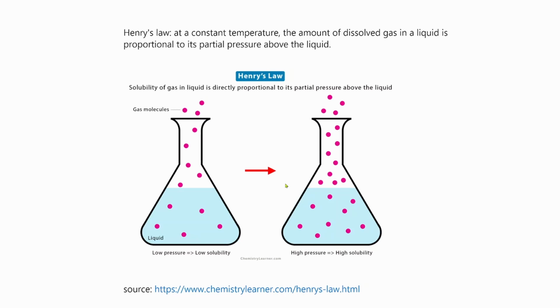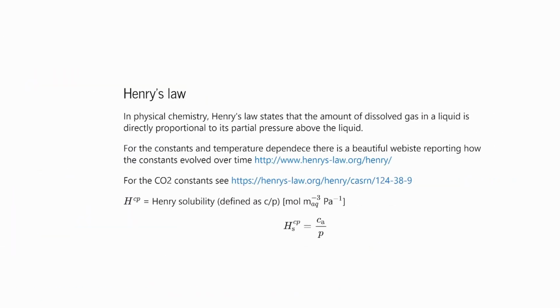And unfortunately, this is not a real constant, even though it can be described as simply as that. So Henry's law constant is just the concentration in the water divided by the pressure of the gas. But this is no constant because it's temperature dependent.